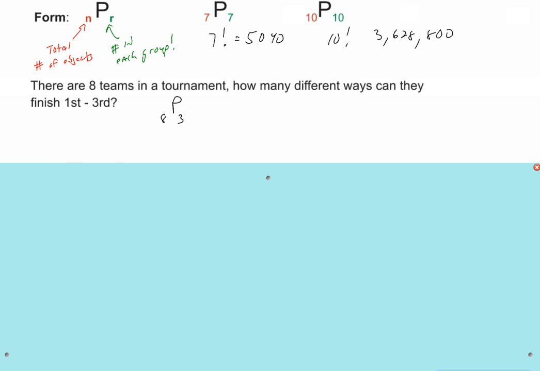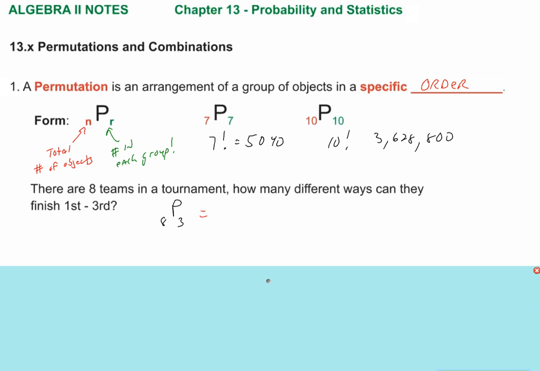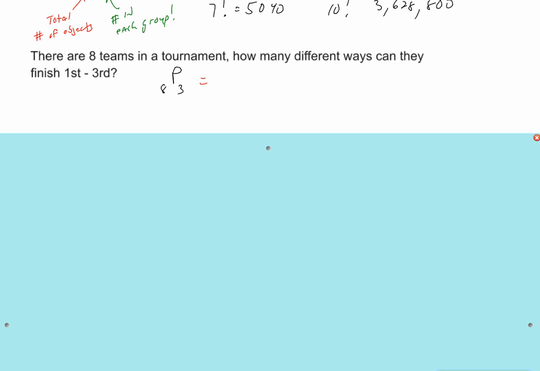Now, I'm going to show you the formula. Almost everybody these days, their calculator has it. Here's the formula: 8 factorial divided by 8 minus 3 factorial. If you don't have the permutation button, though most of your calculators do, sometimes it's in a menu, and you don't know where the menu is, but it's there on your calculator.